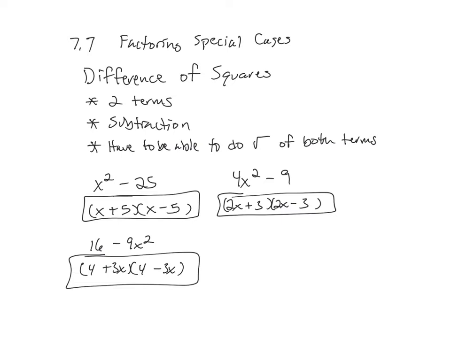Okay. There'll be a few of them that you have to solve. Like if it said equals 0, well, factor it, and then you just do x plus 5 equals 0 and x minus 5 equals 0 and solve them.